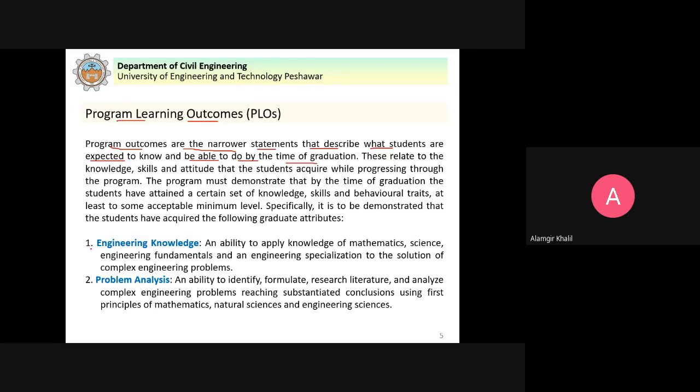But you can see that this course, the CLOs that you will obtain, will contribute towards PLO1 and PLO2. That is, you get the engineering knowledge and be able to apply the knowledge to the solution of complex problems. Engineering knowledge and then problem analysis.